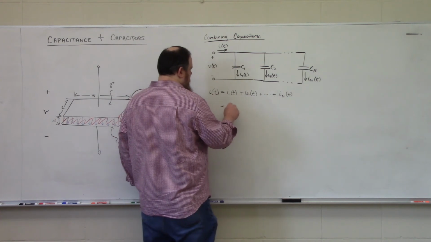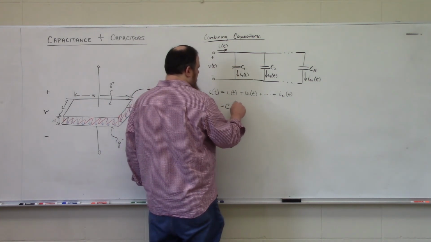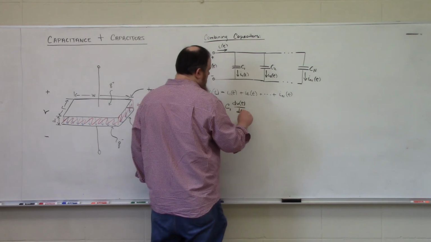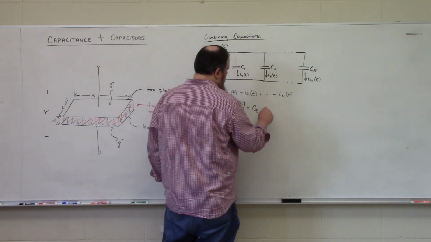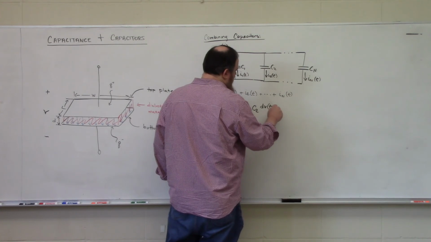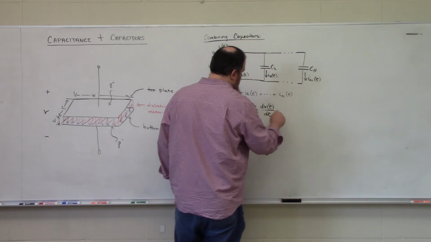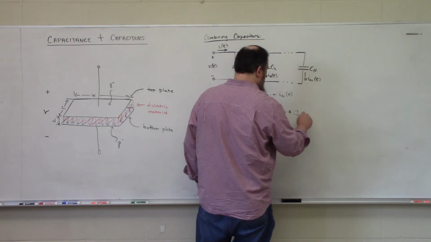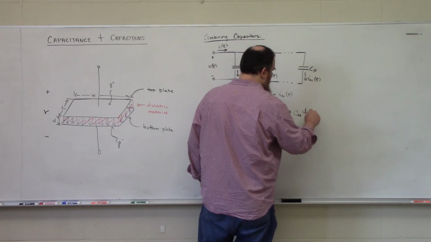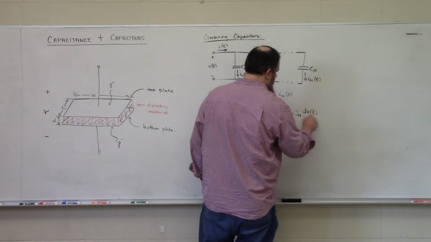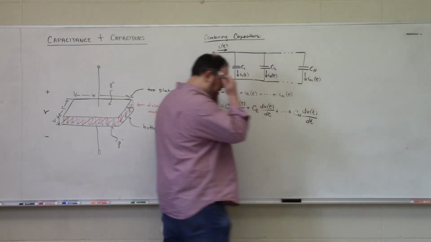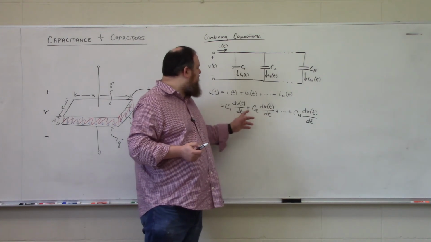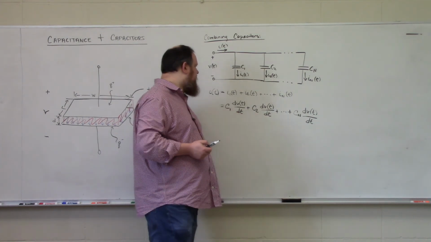So this would be C1 dV dt plus C2 dV dt plus Cn dV dt, where we see that all of the terms have a common factor of the derivative of the voltage.